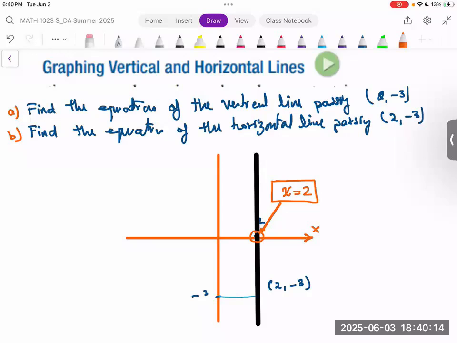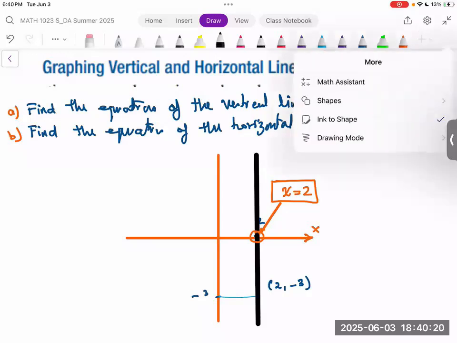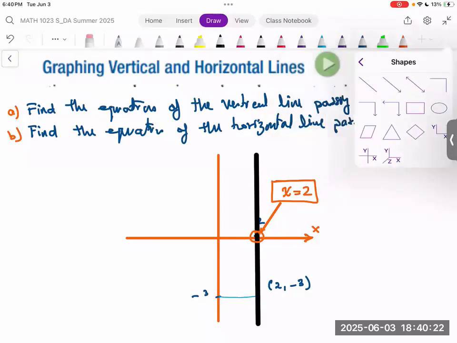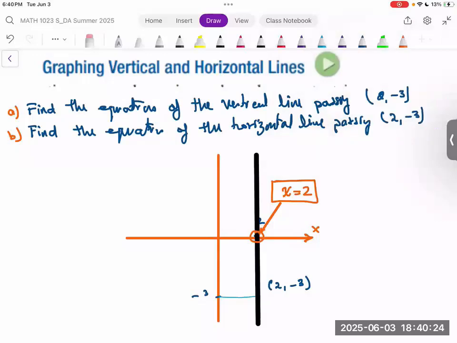Now if I want to do the horizontal line, I'm going to do exactly the same thing. I'm going to draw the horizontal line. What axis does it intersect, the x or the y? The y-axis, very good.